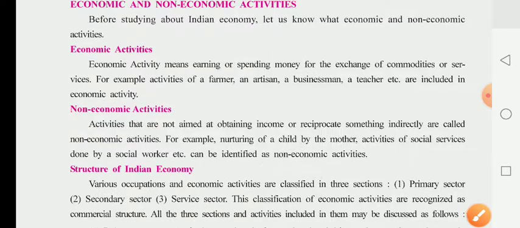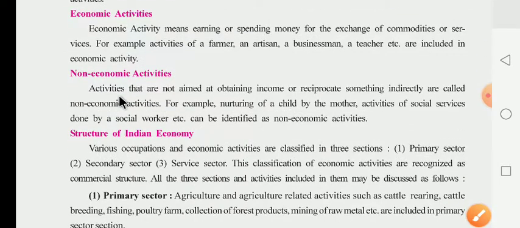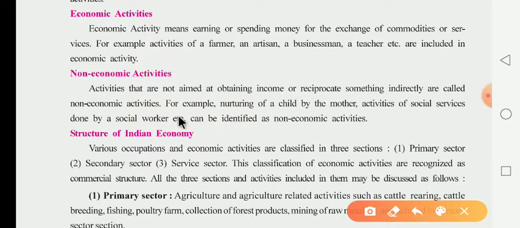Now what is the meaning of non-economic activity? Non-economic activity means activities that are not aimed at obtaining income or reciprocating something indirectly. Not aimed at obtaining income is called non-economic activity.